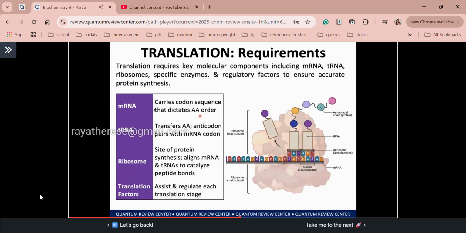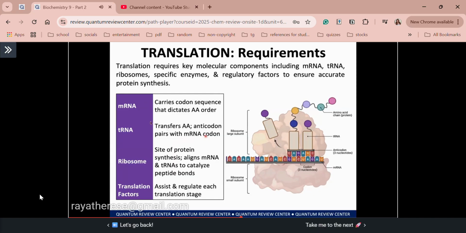Diba? Again, this is read from 5' to 3' direction. tRNA, of course, it carries your amino acid. We call your tRNA carrying the amino acid as your charged tRNA. Alright, so your anticodon from your tRNA pairs with your mRNA codon.